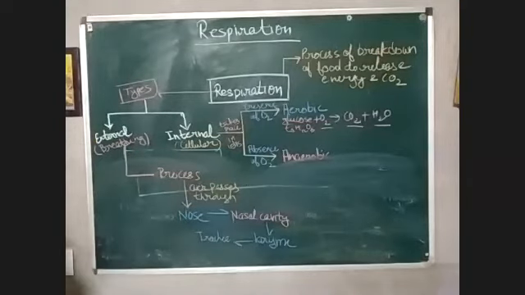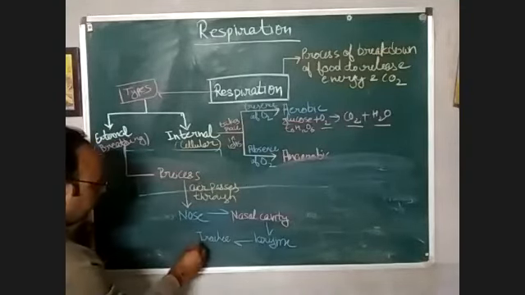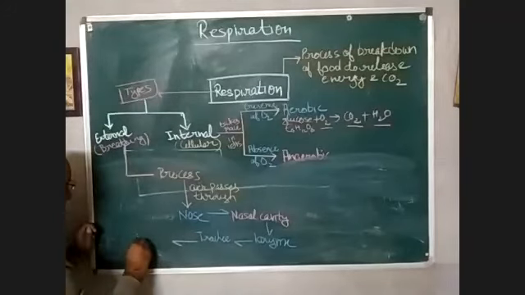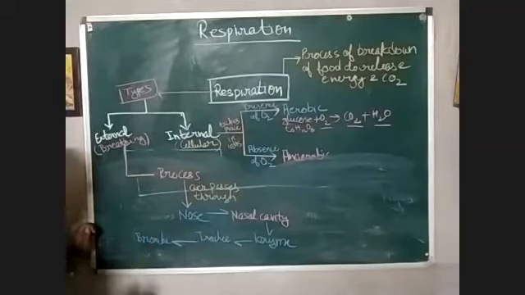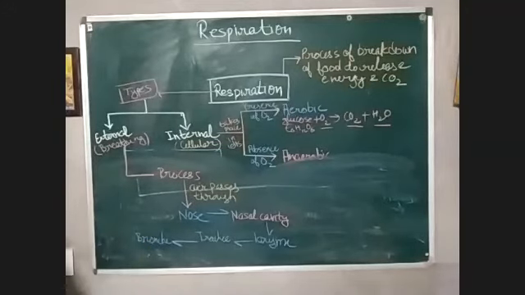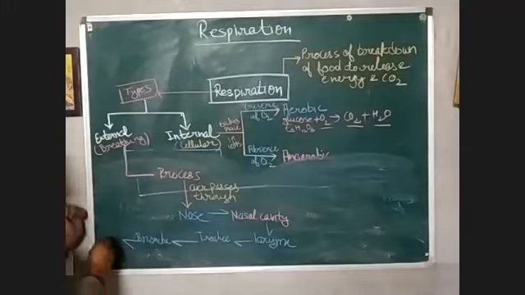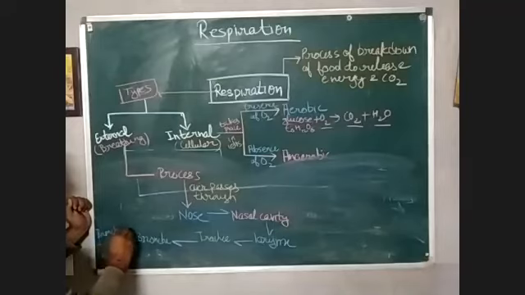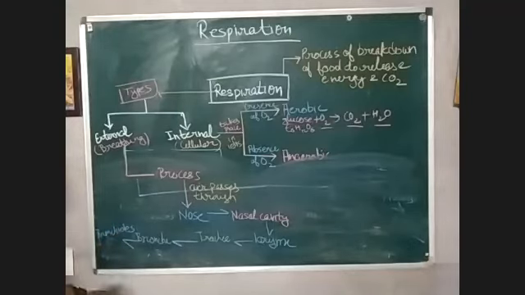Then from the windpipe to the bronchi, then to the bronchioles, and then to the alveoli.